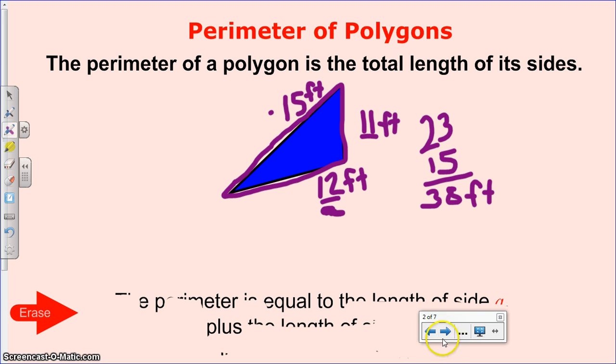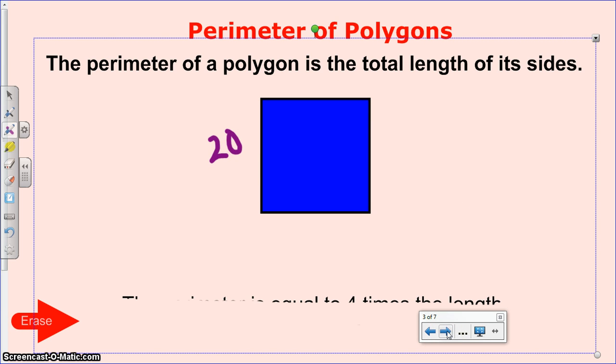Let's take a look at some others, like this square. Now, if you remember about a square, all the sides are the same length. So I only have one measurement, the measurement of this side. But I can still find the perimeter of this square because squares have all the same length. So if this side is 20, this side would be 20, this side would be 20, and this side would be 20.